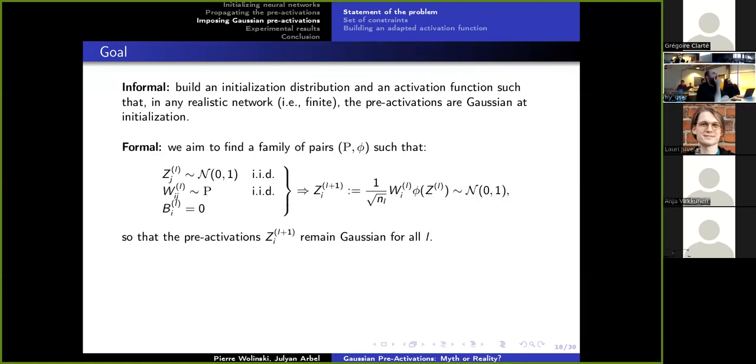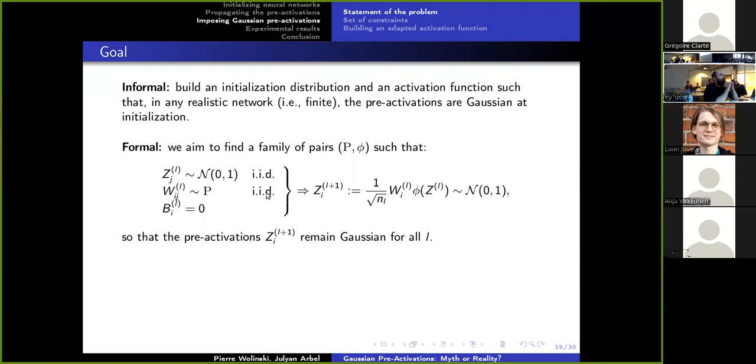Formally, we want to find a pair (P, phi), where P is the initialization distribution of the weights, and phi is some activation function. Here we are assuming that the biases are equal to 0 for the sake of simplicity, but we may think of Gaussian biases. It's not a problem.